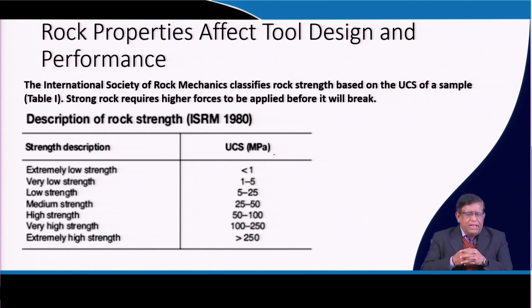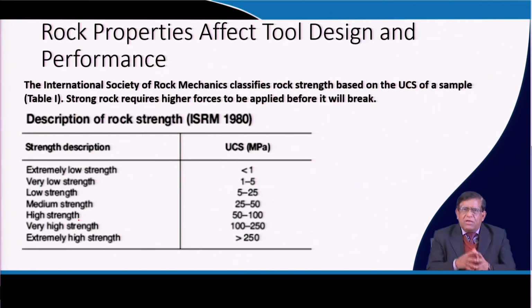So, you will consider that strength of the rock as giving resistance to cut. If it is 45-50, that means it is a high strength.